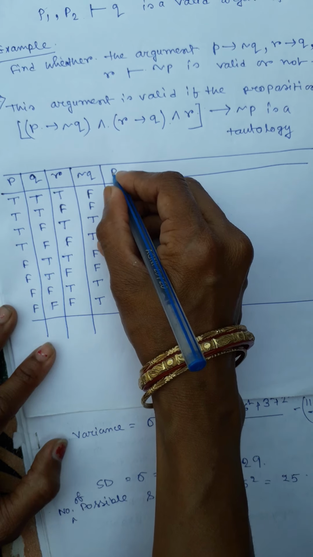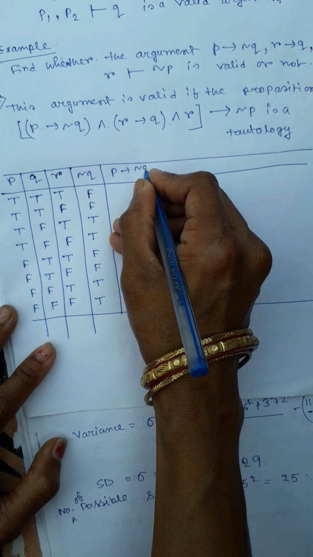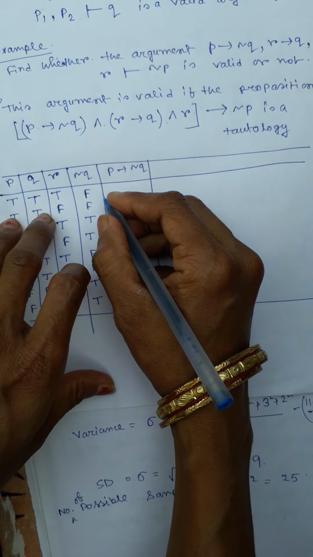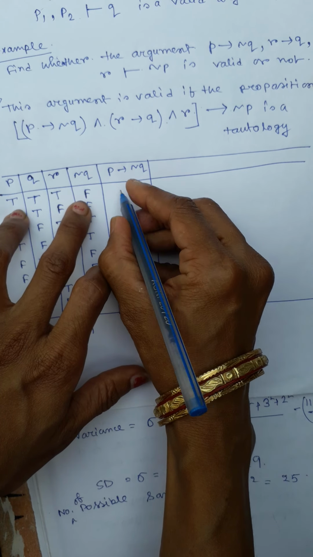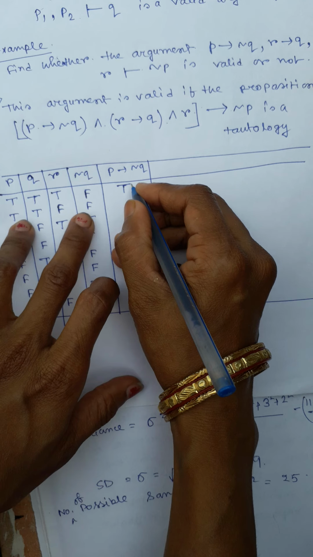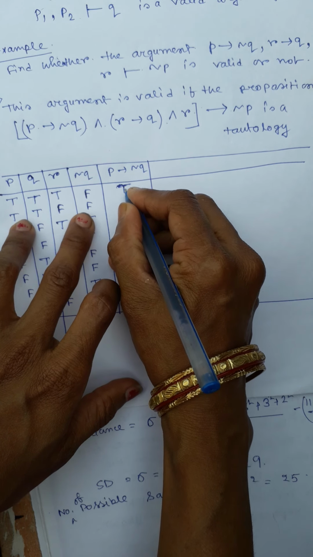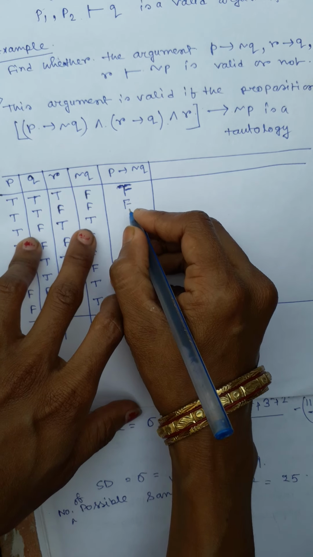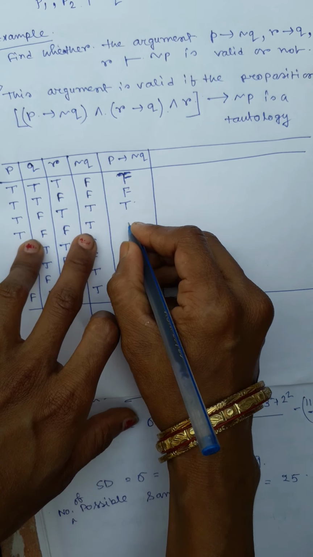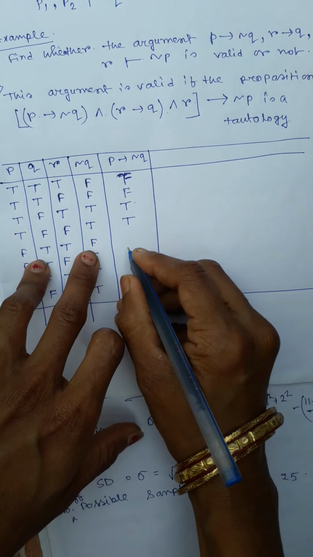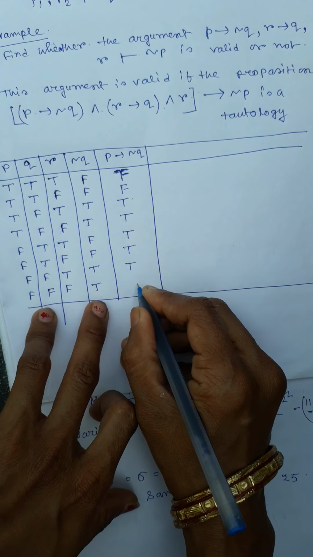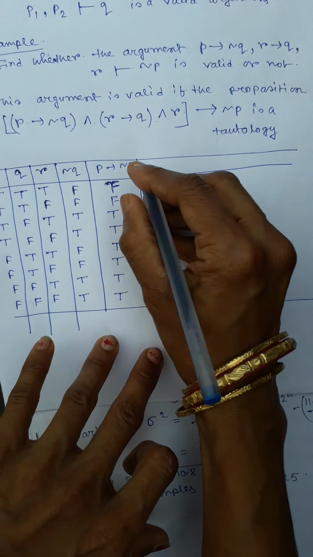Then P tends to negation of Q. This is true, sorry, this is false. True, false, this is false, this is also false, this is true, this is true, this is true, this is true, and this is true.